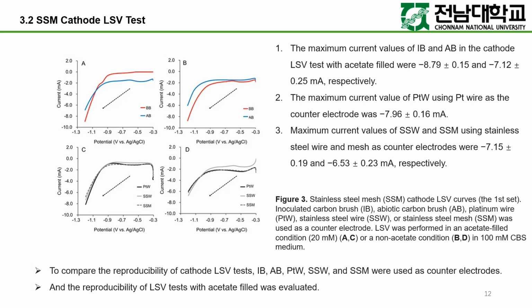The highest maximum current observed in IB can be attributed to its function as a catalyst in the biofilm, unlike other counter-electrodes.